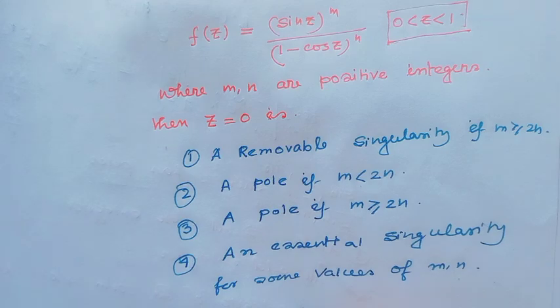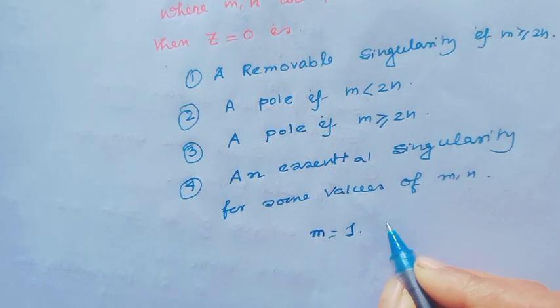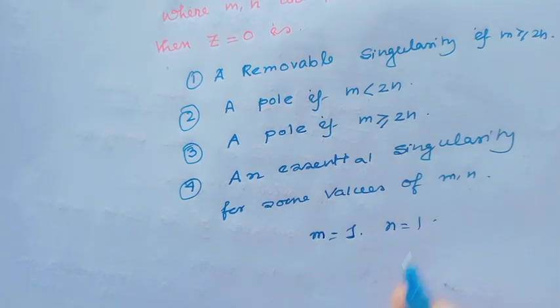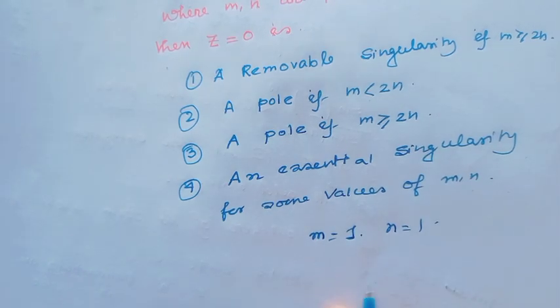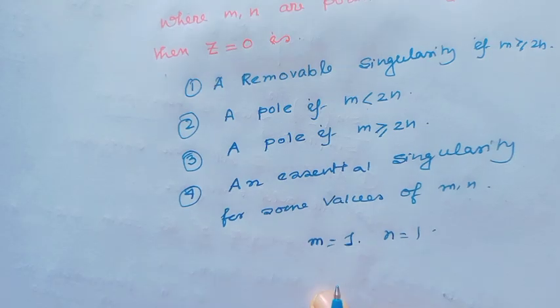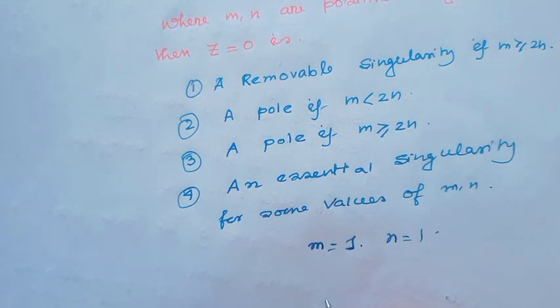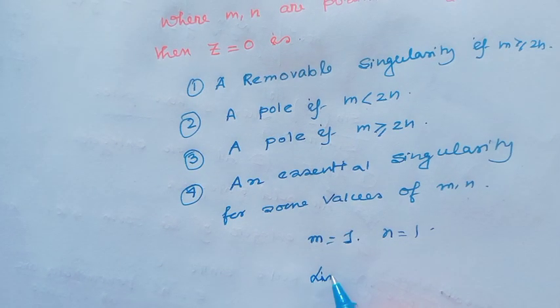First method, when m equal to 1, n equal to 1, then what is the limit? Limit z tends to 0.